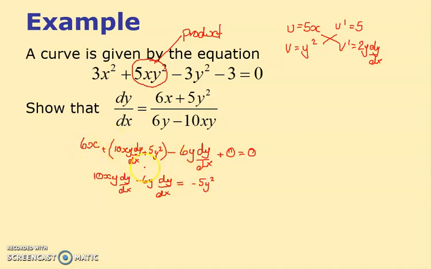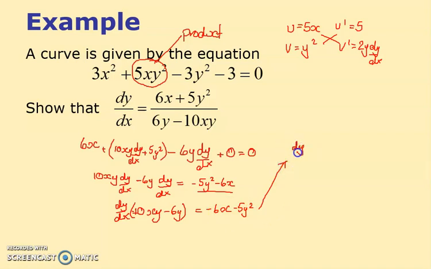And I've also got this minus 6x. I don't like the fact they're both negative. I'll try my best to get rid of that. Take out the dy by dx as a common factor again. It's the same trick as last time. It gives 10xy minus 6y equals, I'm going to write it in the same order as them, minus 6x minus 5y squared.